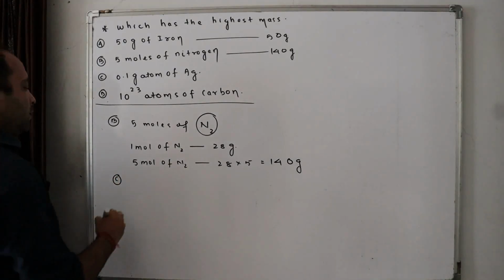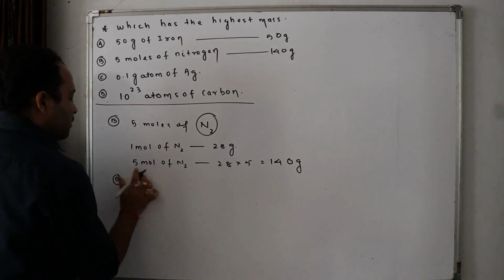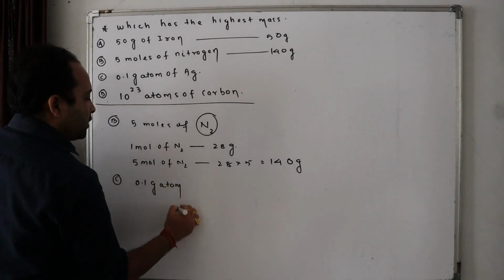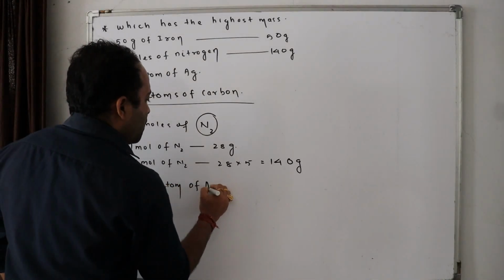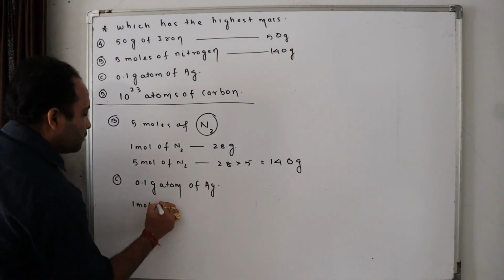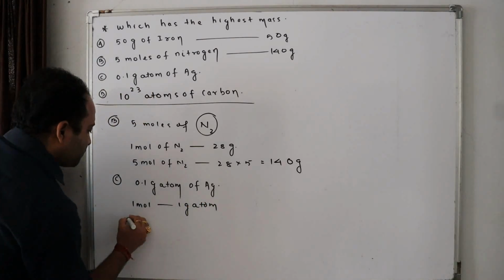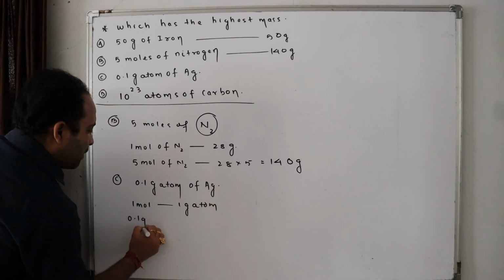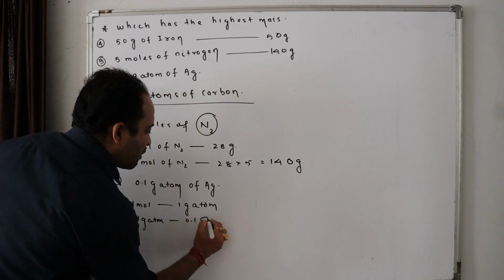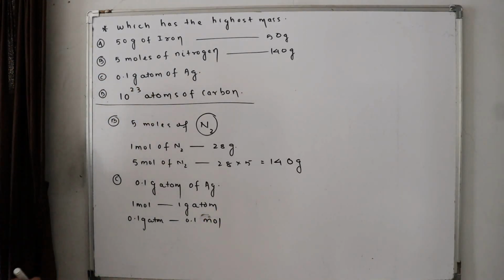0.1 gram atom of silver. See, 1 mole is 1 gram atom, isn't it? 0.1 gram atom is 0.1 mole, isn't it?